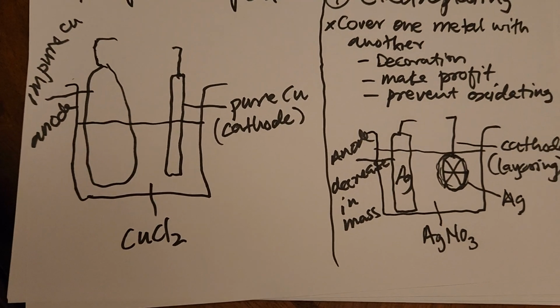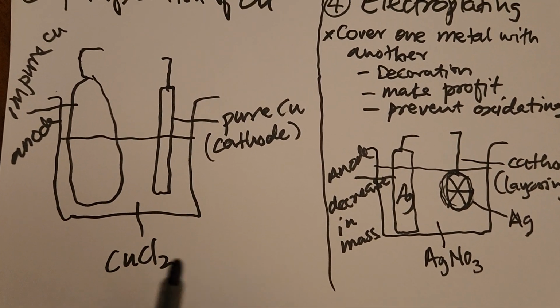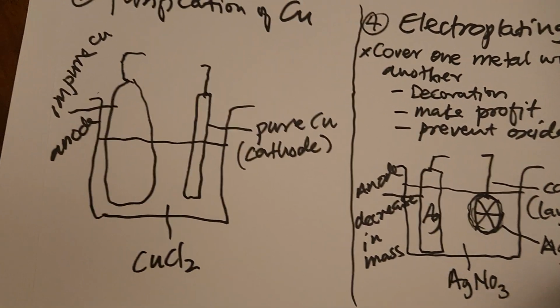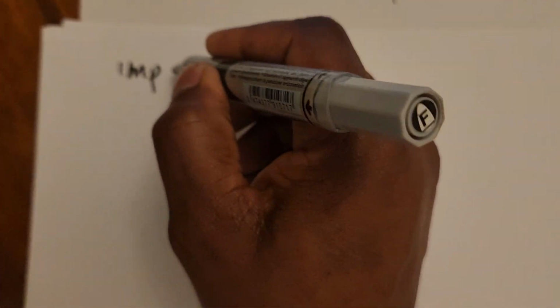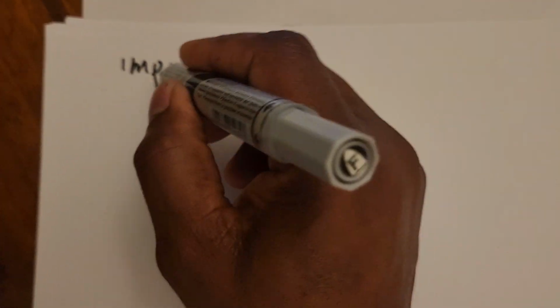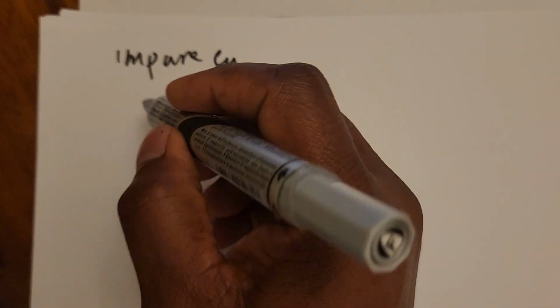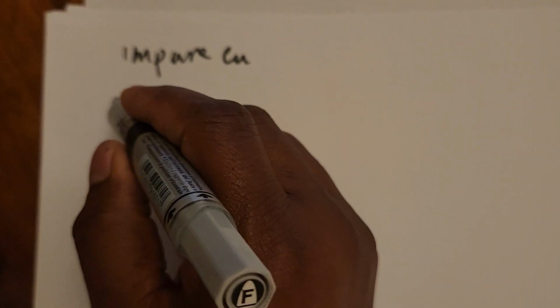Let's talk about the reactions that will be taking place in these two cells as they are in operation. In the copper one, in the impure copper, copper will undergo oxidation.